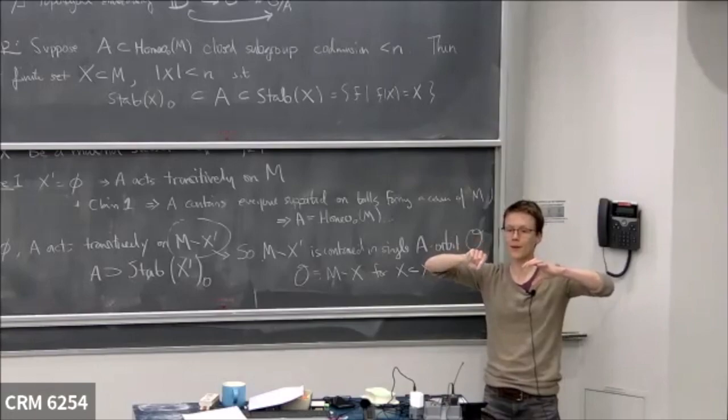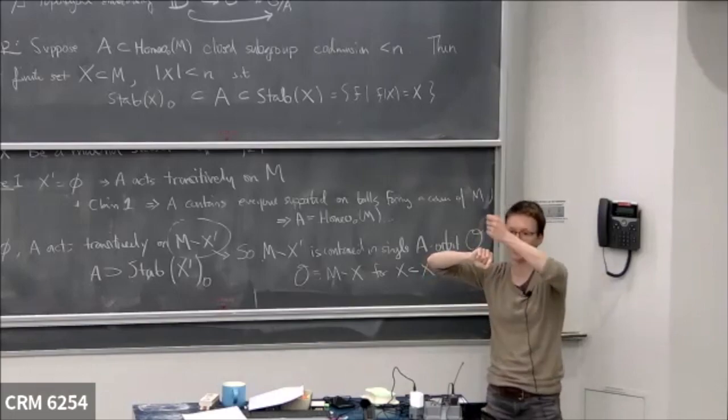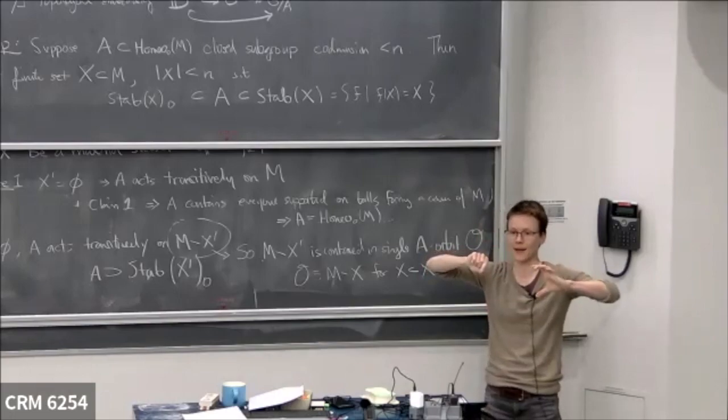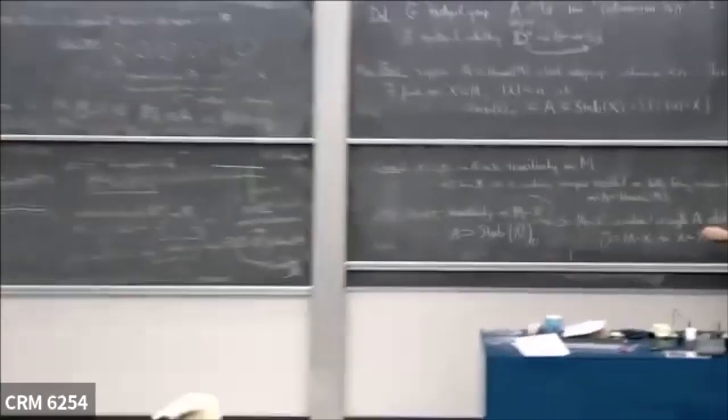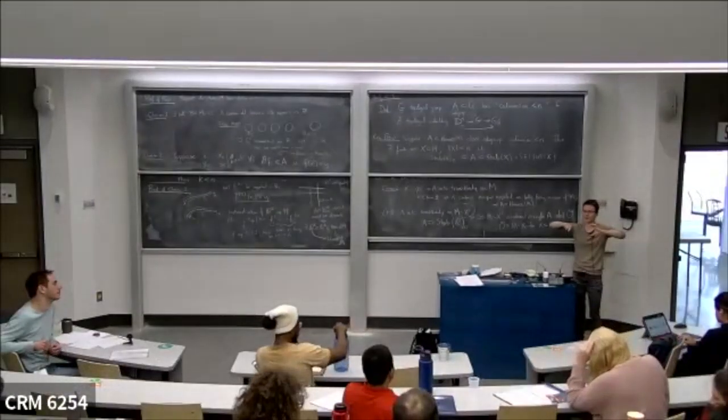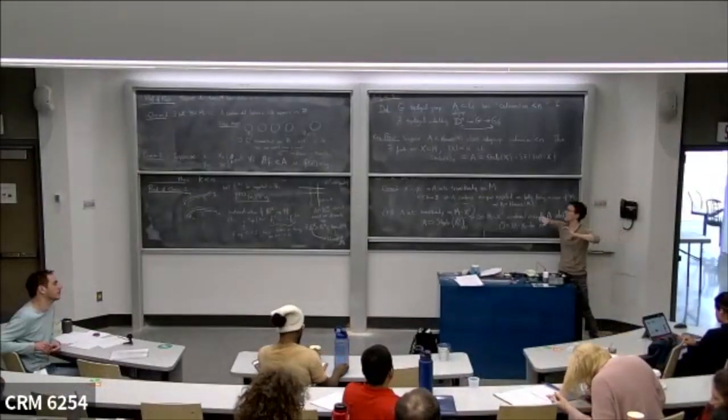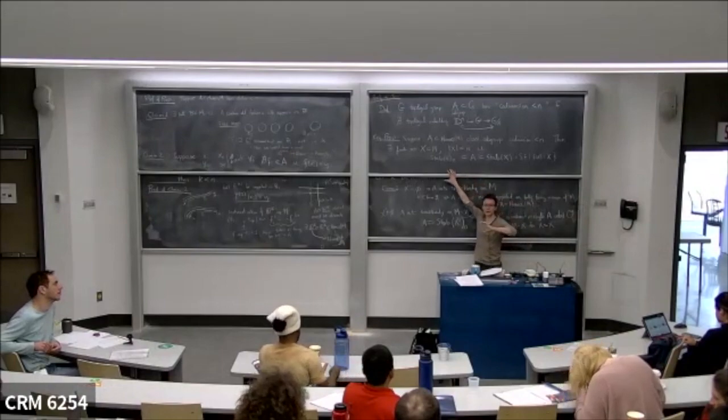If I require you to never move that point, you can't have done this point push twist type of thing to get around. So that element is in the pointwise stabilizer, but not the identity component of the stabilizer. The identity component of the stabilizer is strictly smaller. No point push is allowed.